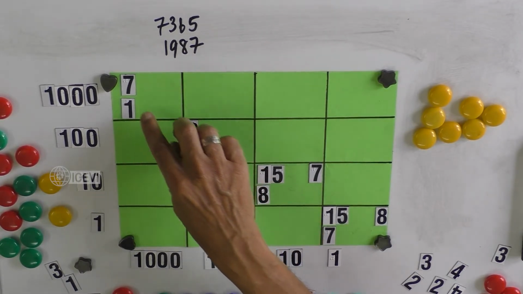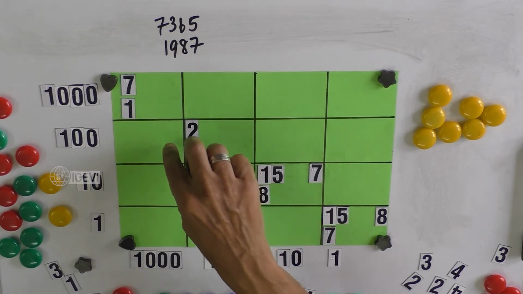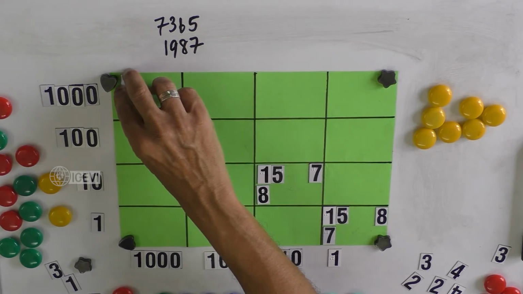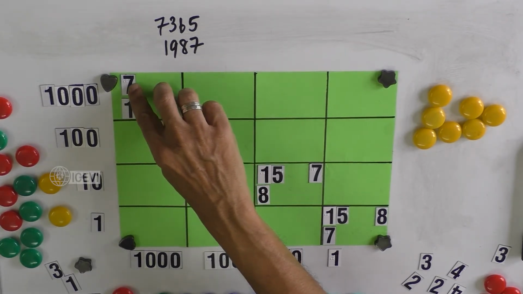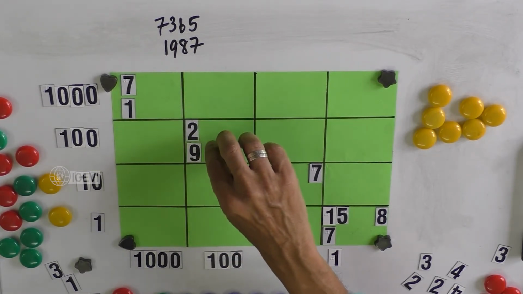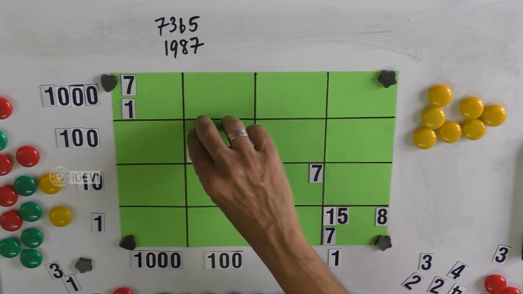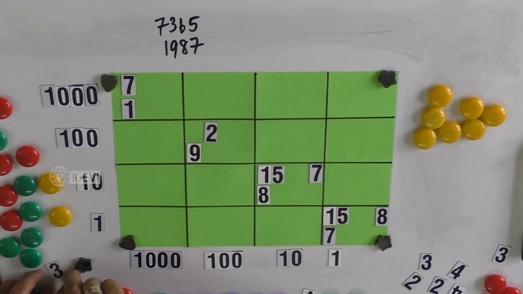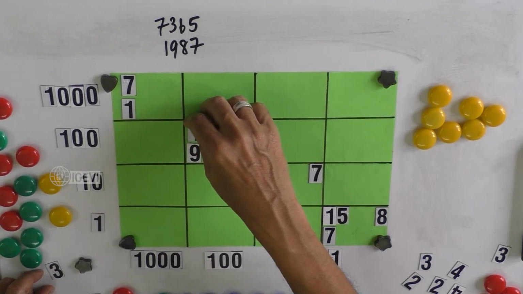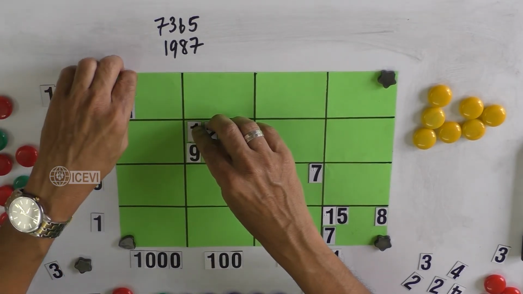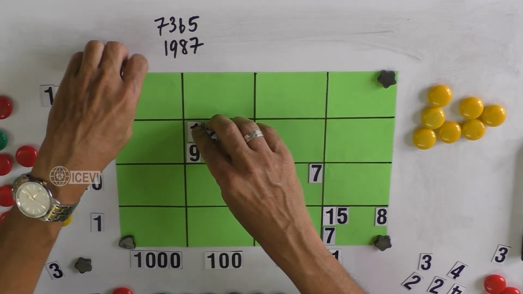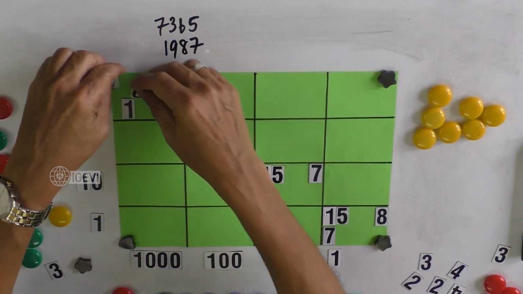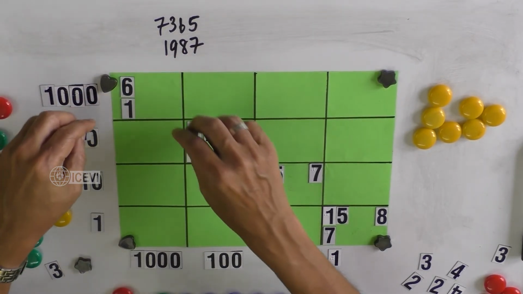As 1000 is 10 times 100, you take one from the 1000th column and add it to the number in the 100th column. When you add one, you have to subtract it from the number in the 1000th column, so this 7 is replaced by 6.